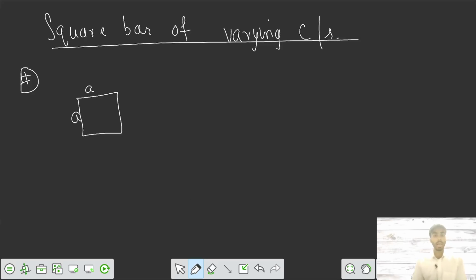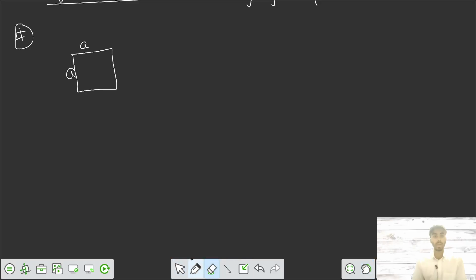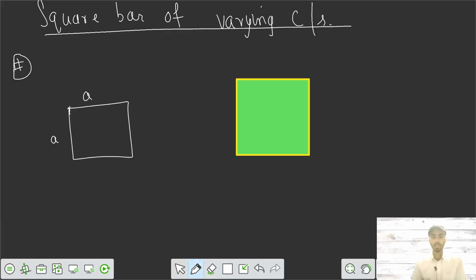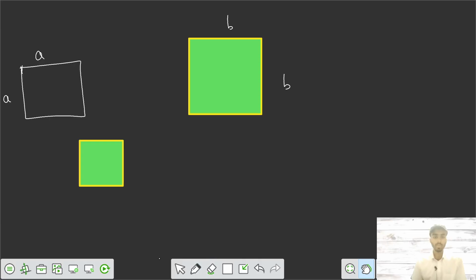Let's take this one a bit downwards. See, at this section your square cross section is A, and after length L your cross section becomes B. Then we join them.